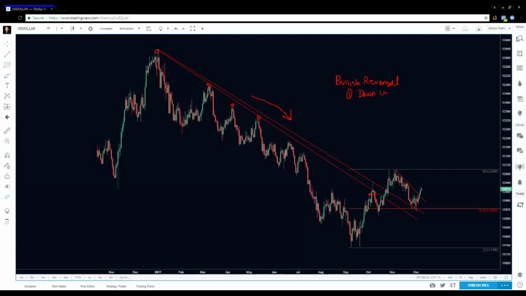Once the downward trend is complete, we start to actually see a break of the trend line. From here, what I like to notice is that we'll also start to see higher highs and higher lows on a short-term basis.